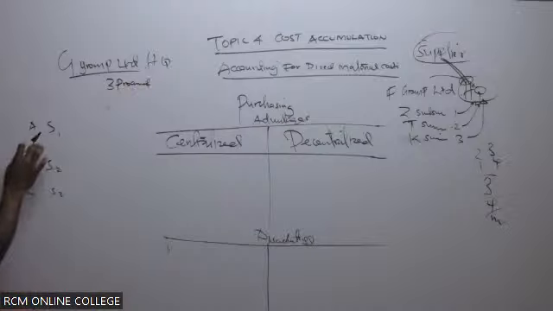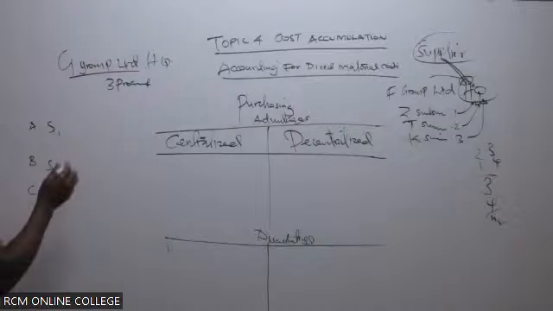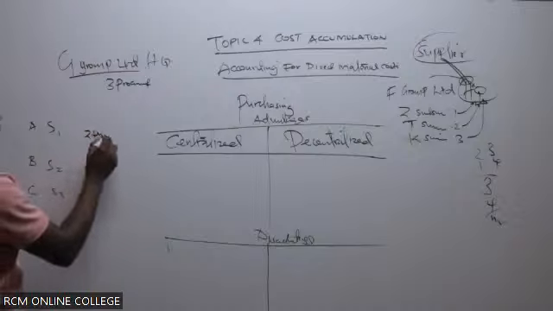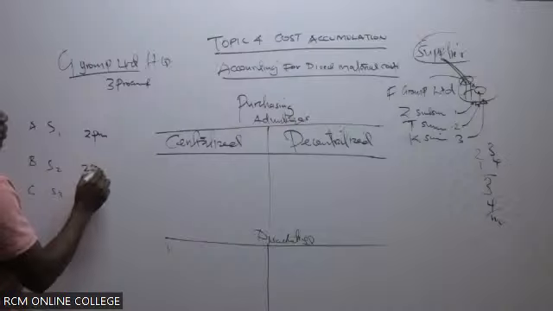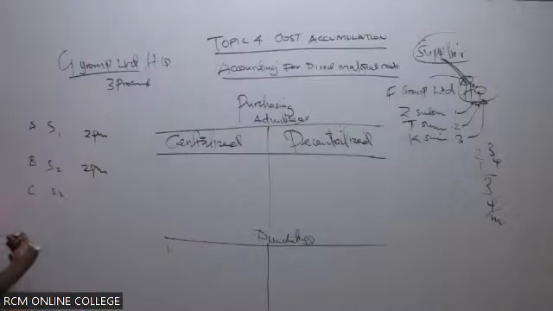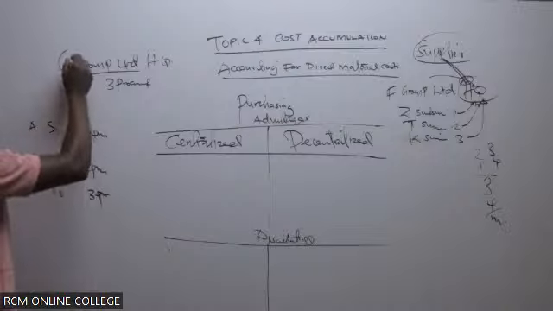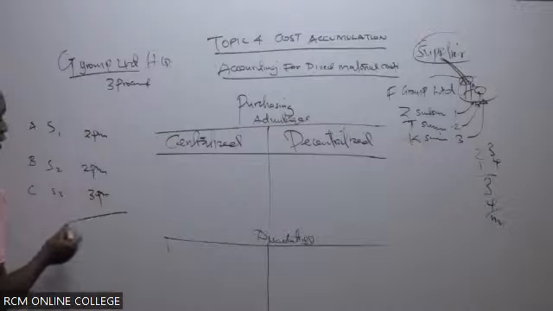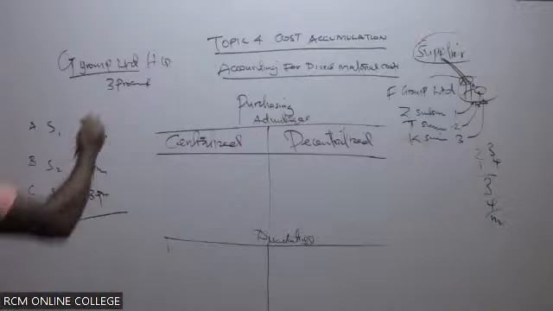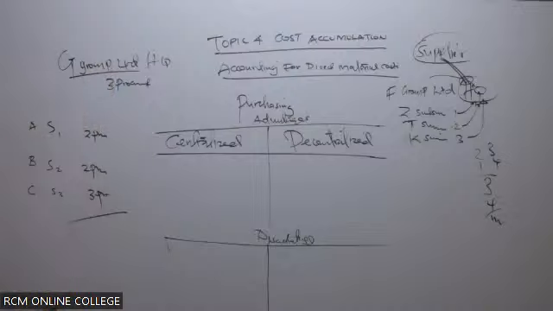Subsidiary A does things on their own. They also have 2 procurement officers. Here we have 2 procurement officers, maybe because of the same sizes. This one is too big, so it also has 3 procurement officers. This is G Group Limited. How many procurement officers does the company have? The entire company, that is G Group, from the headquarter to the subsidiaries, that is 5.